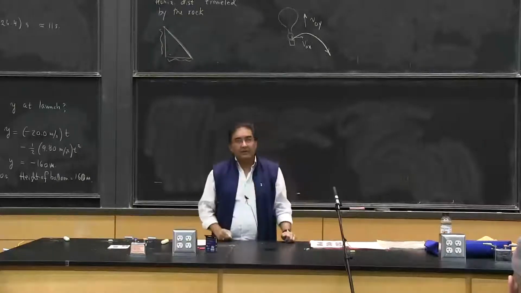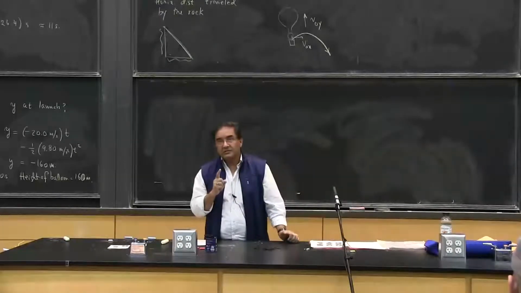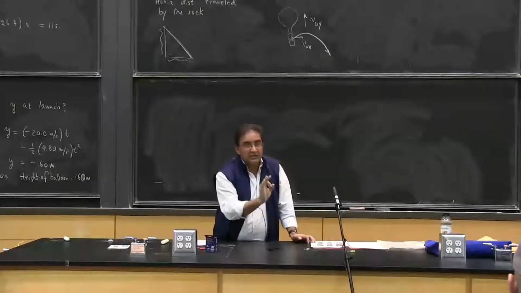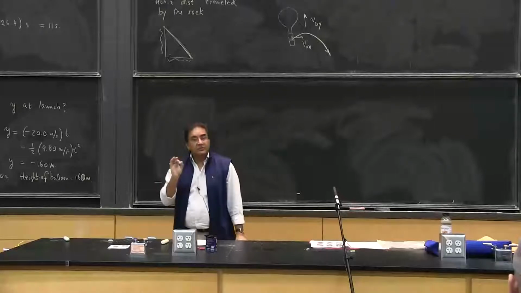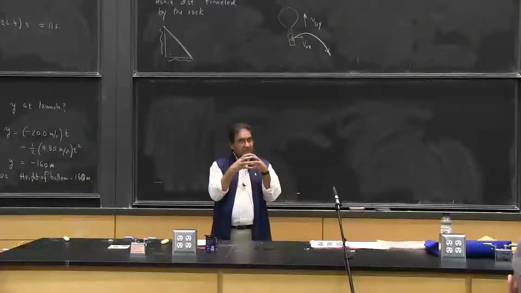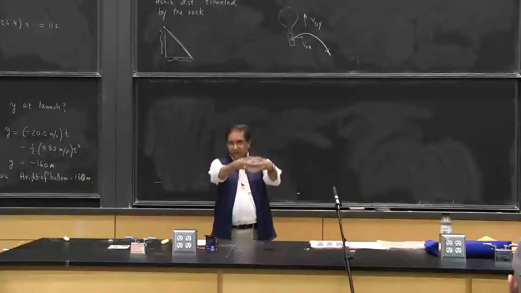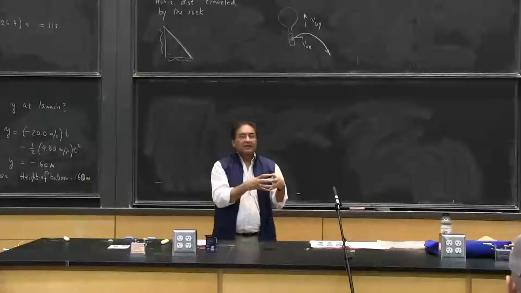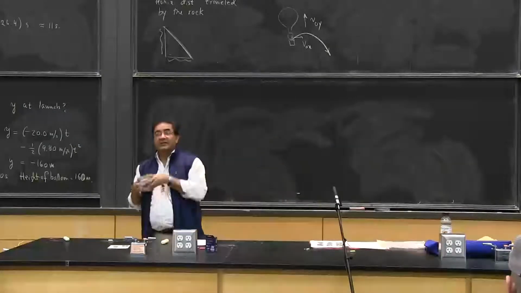But as long as I'm making a measurement from a frame of reference which is either fixed at rest or moving at fixed velocity, then Newton's laws will work. Any frame which is at fixed velocity, which can be zero, is called an inertial frame. And any frame which is accelerating is a non-inertial frame.